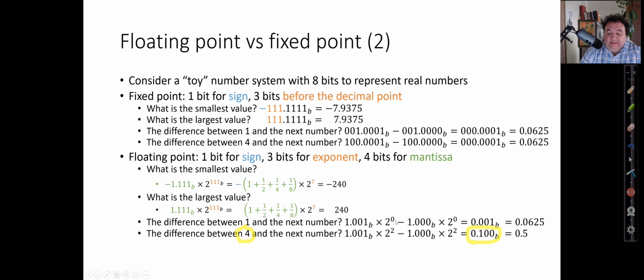So you see that for a certain value, the local precision can be much finer, and for a larger number, the precision is much coarser, and so that allows a wider range of numbers, but at the cost of a representation that is not uniform.